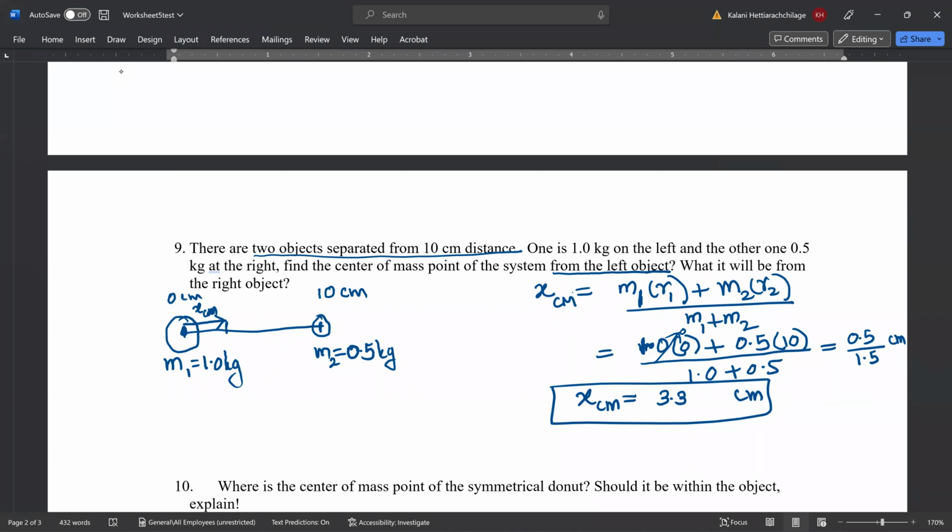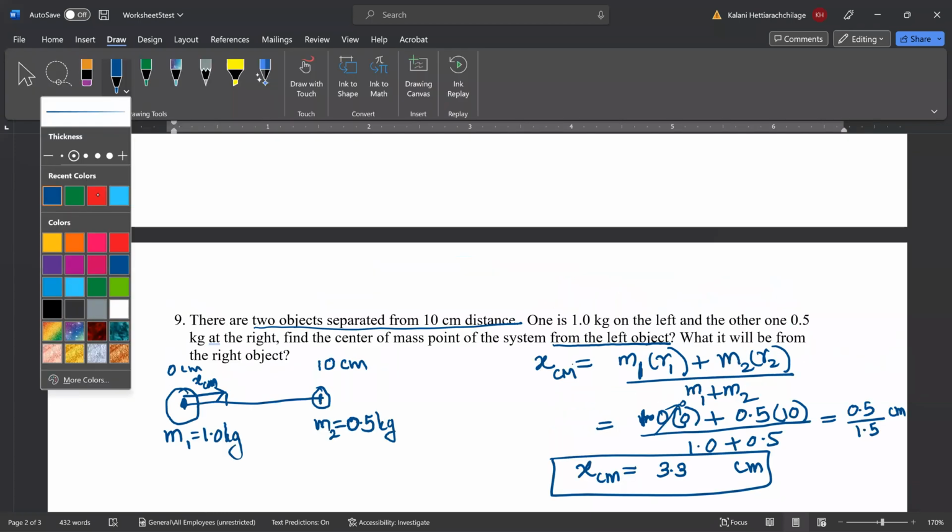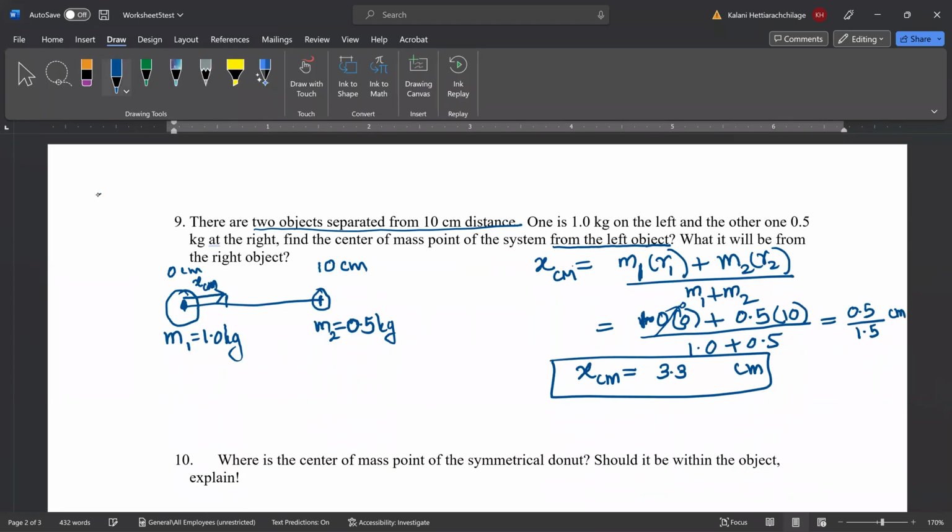Now my next part of the question is actually asking, because in your exam questions, I may ask it from the left object or I may ask it from the right object. Now the next part is asking from the right object. What is the distance to the center of mass from the right object? That you can definitely see. That means if I find the center of mass here, I need this distance. Right? How much is that? You don't need to recalculate it after you find it from the left object, or you can recalculate it if you want.